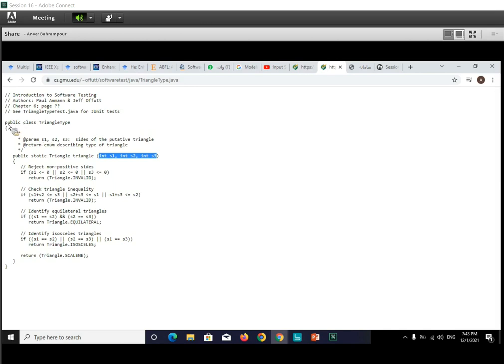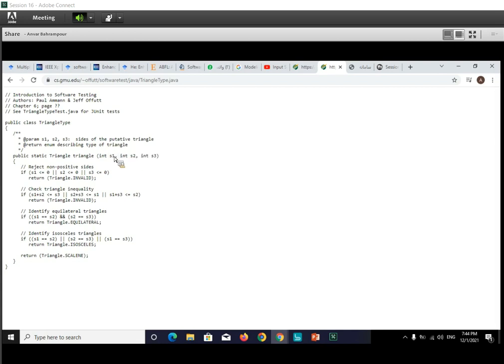For example, in a typical implementation of this functionality, we could define a class such as TriangleType. In this class we should define a method to detect the type of the triangle. In this method, we should send three parameters.